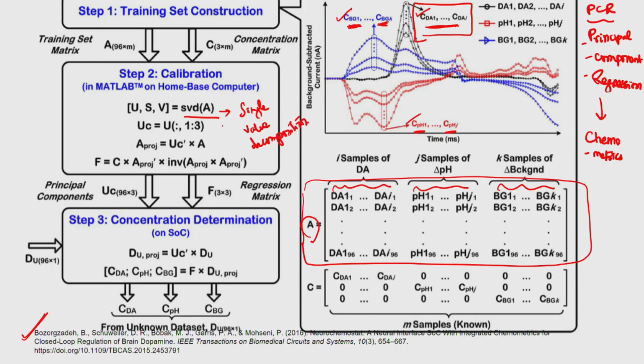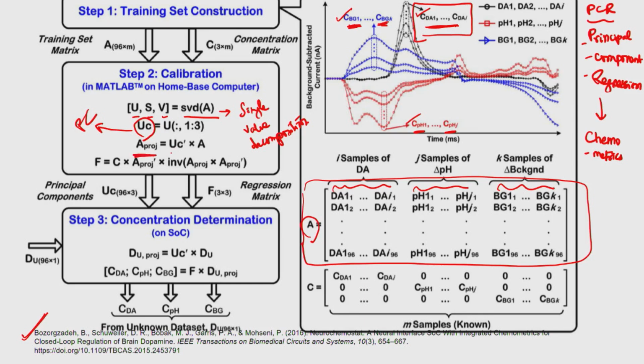Using this singular value decomposition they are able to generate matrices. There are 3 different matrices being generated. One of these matrices is called the PCs, principal components. Using these principal components you can generate a projection.